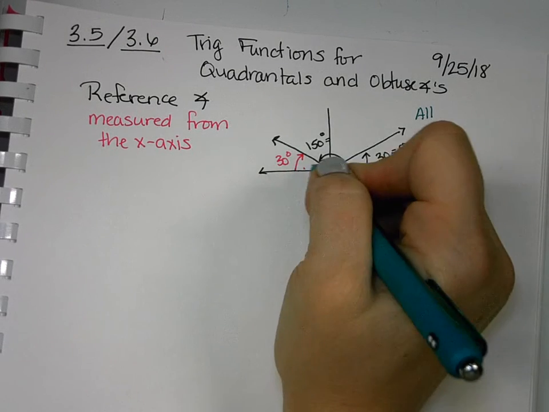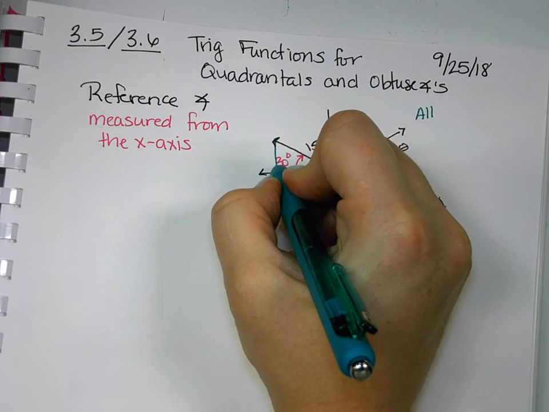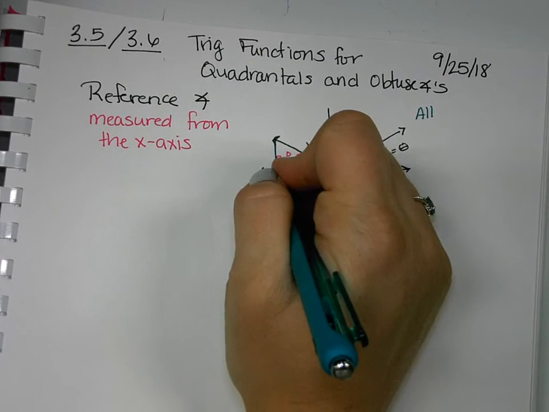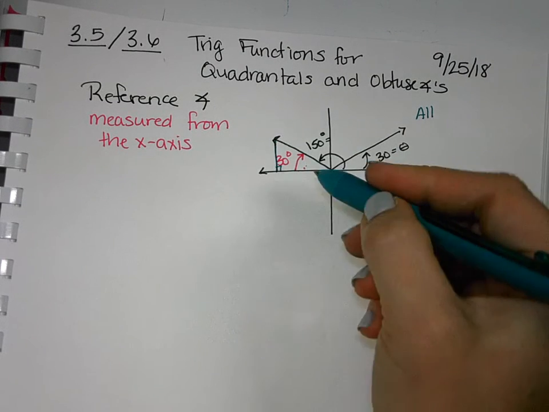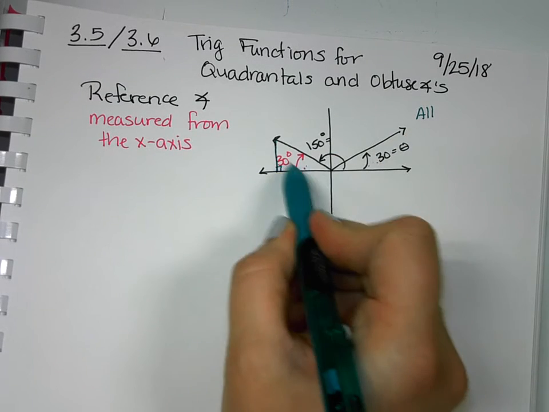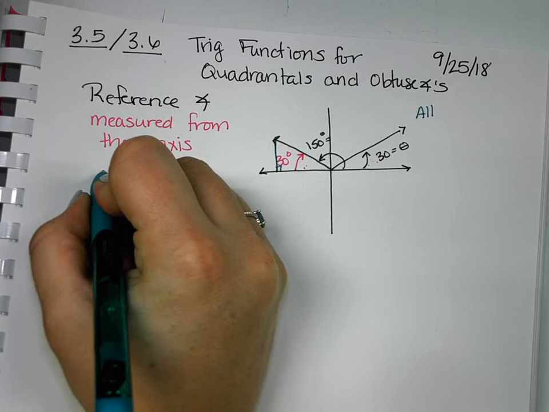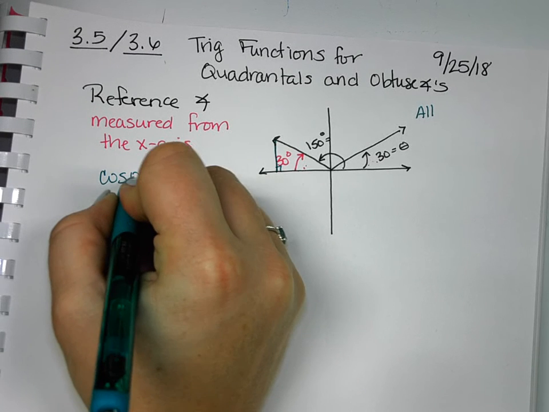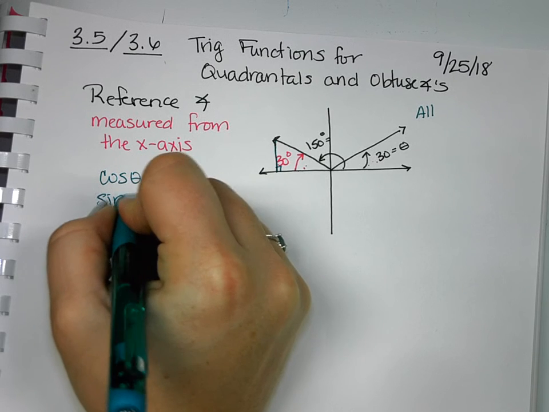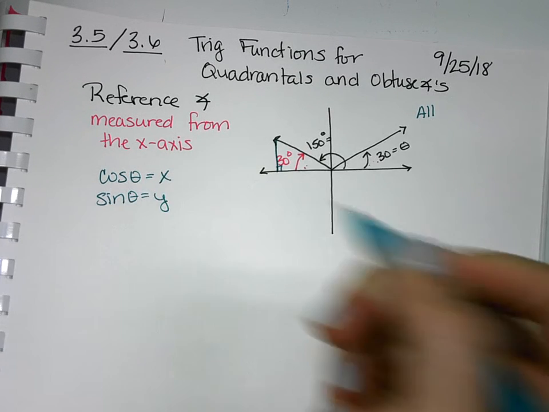So when we come over here for 150, if we were to make our right triangle, knowing we have a 30-degree reference angle, then we have a 30-60-90 on this side. If we remember from yesterday's notes, cosine of an angle is equal to x and the sine of an angle is equal to our y value.